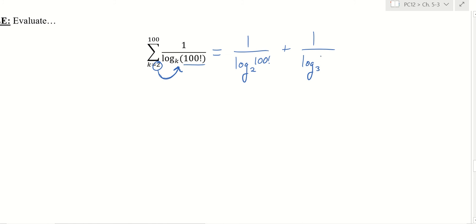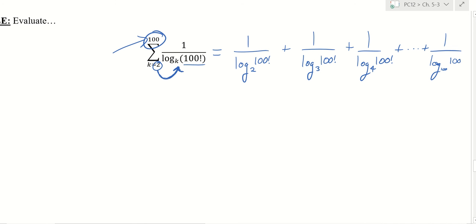So log base 3 of 100 factorial. Plus 1 over log base, what comes after 3? It looks like 4 is going to be our next base, and so on, right? We can just keep going until we get to our last term, which is log base 100. That's where our sigma notation tells us to stop, of 100 factorial.